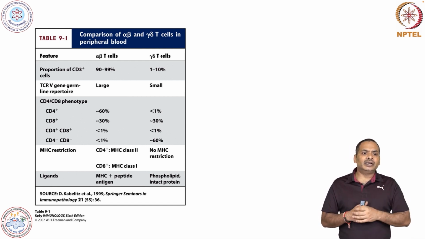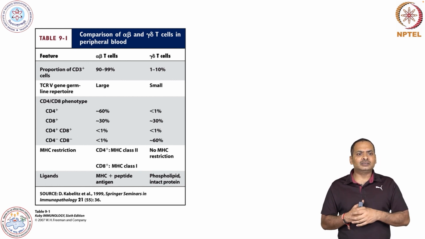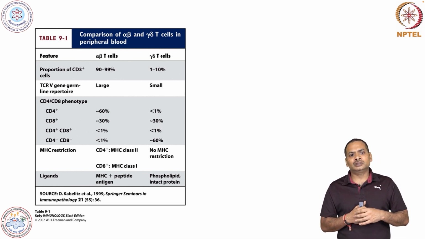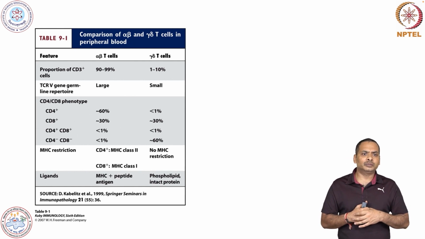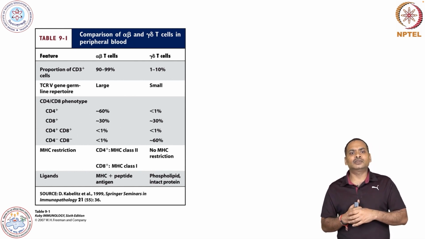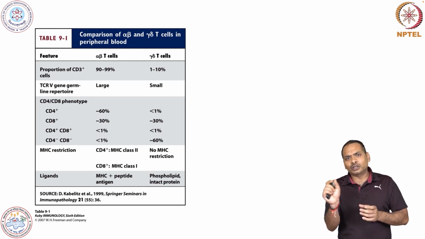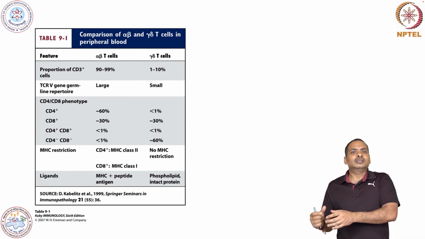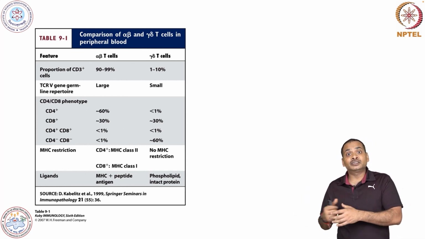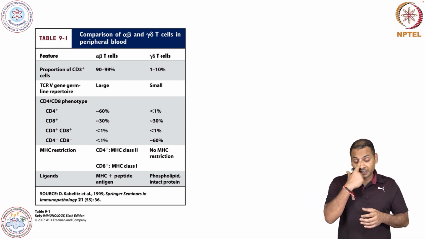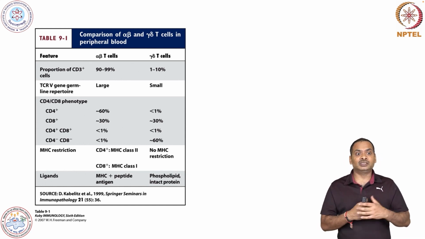And they have a TCR V gene germline repertoire. In the case of alpha beta it is large, and in the case of gamma delta it is a very small repertoire. Not so many V genes are there in gamma delta. You will see in a subsequent slide, okay.